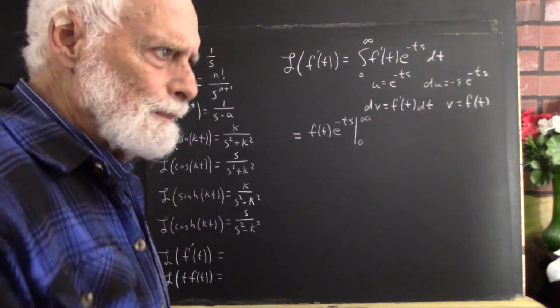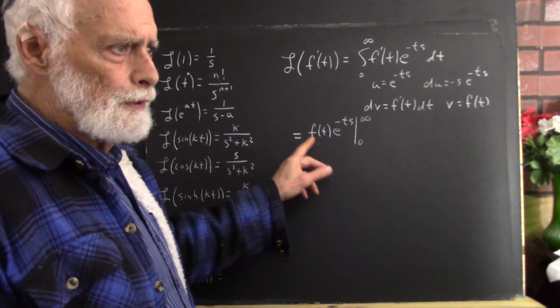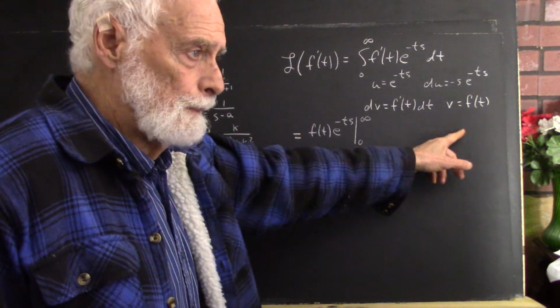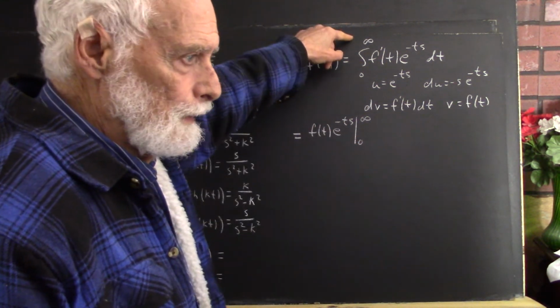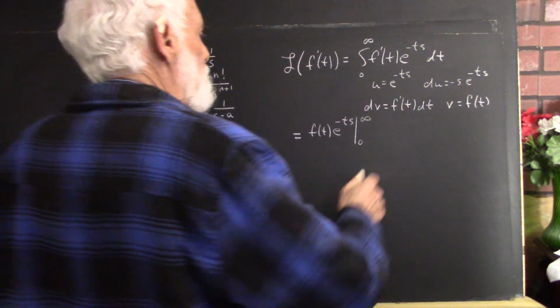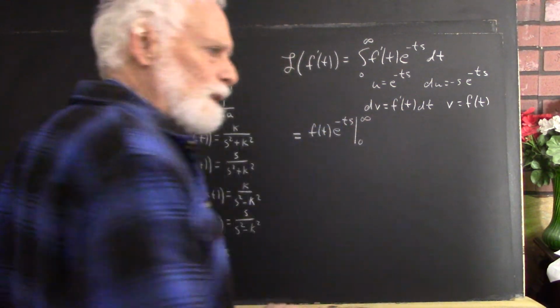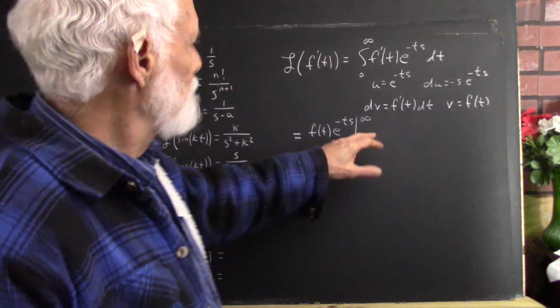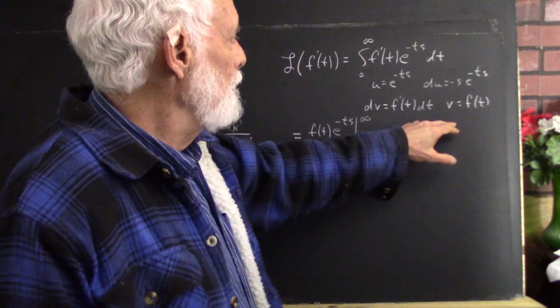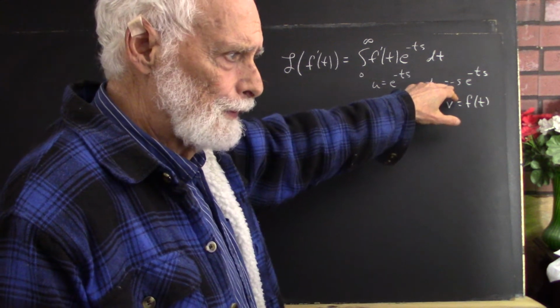And again, you're fresh on having done these, so you know that's your uv, evaluated, of course, at the limits, minus, and I don't want to write out this stuff, it's minus your v du, your du has a minus on it.